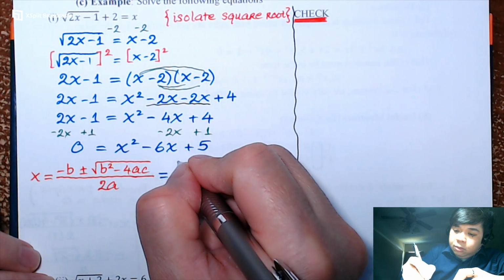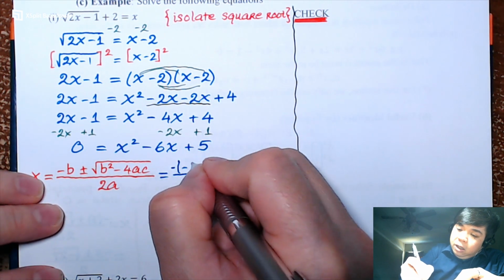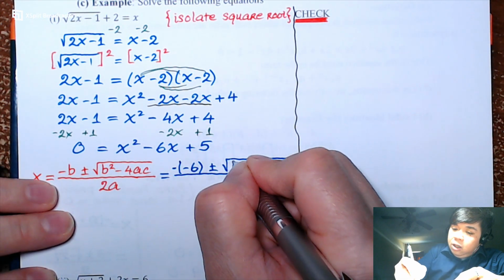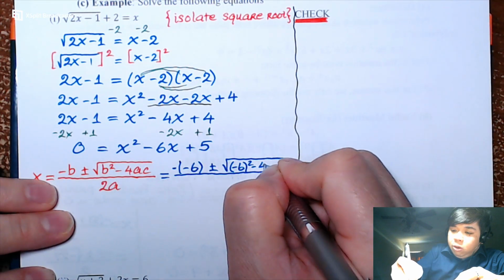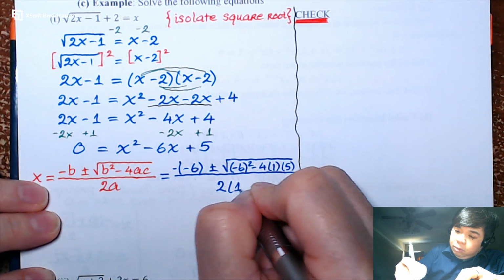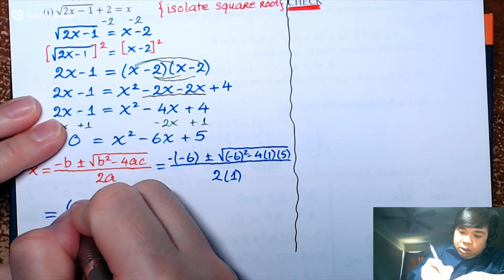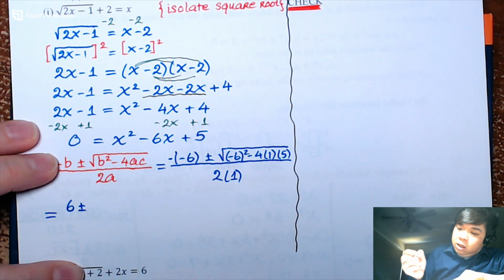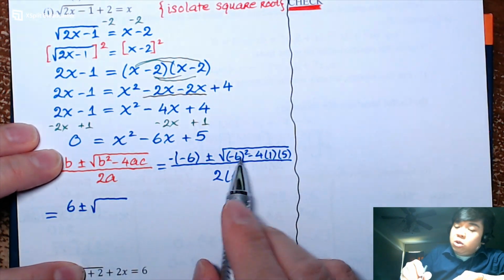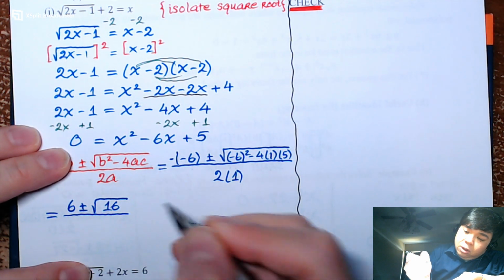So negative b plus or minus the square root of b squared minus 4ac over 2a. And that will be 6 plus or minus the square root of negative 6 squared, which is 36, minus 20, so that's 16, over 2.